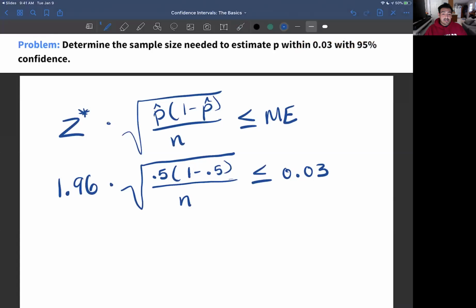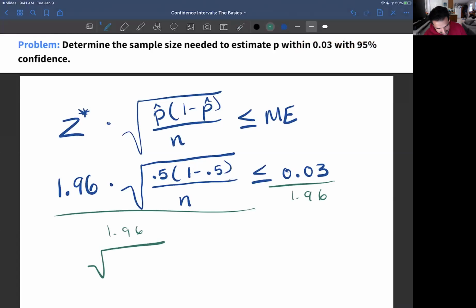So we can go ahead and start to do the math. Let's see what we get. Let's start by dividing both sides by 1.96. We're going to get the square root of, I'm going to simplify that inside, 50% squared over n is less than or equal to, from here I can square both sides.